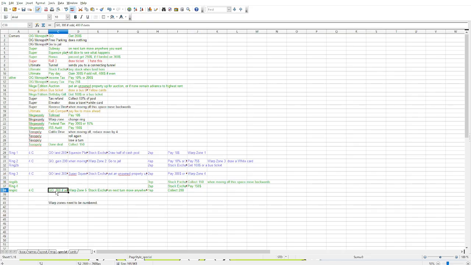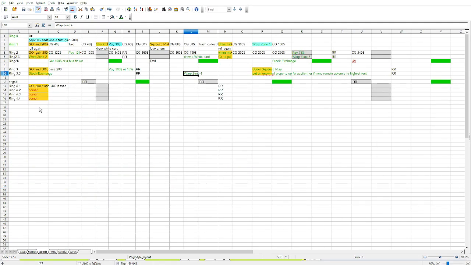Okay, so the corner spaces for ring 4. Okay, there we go.